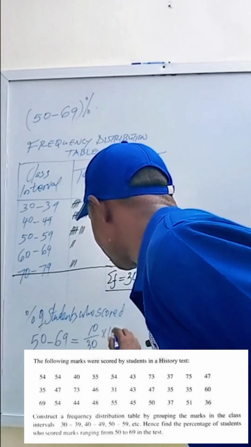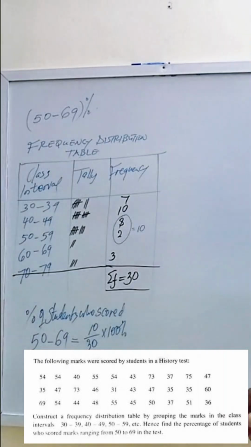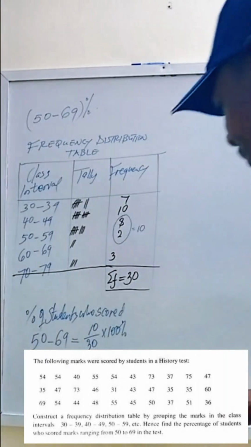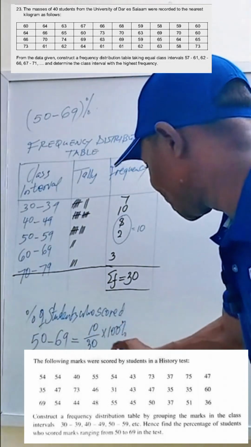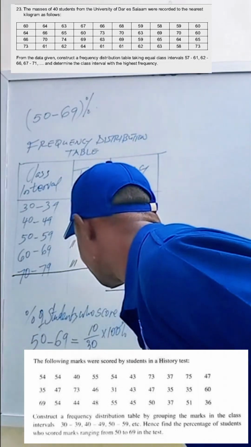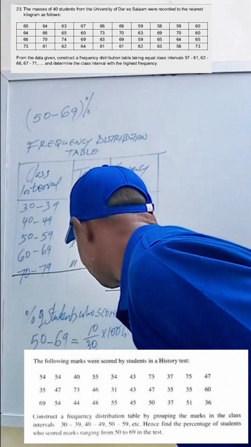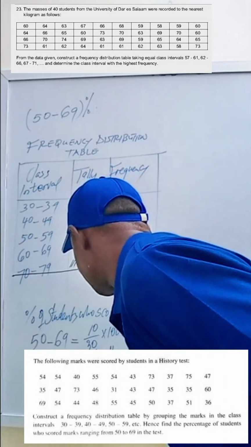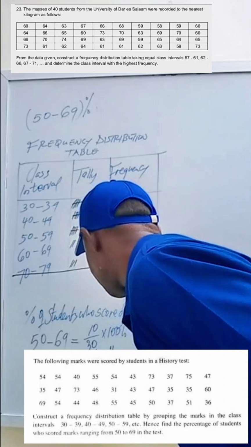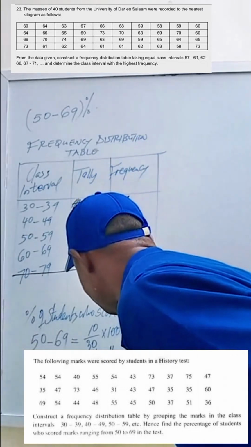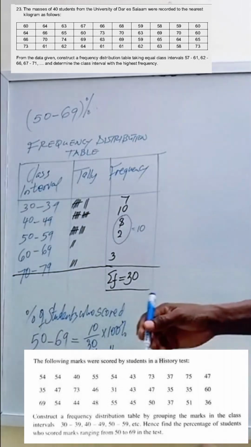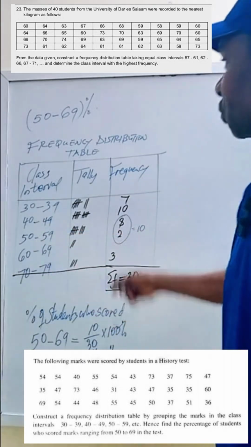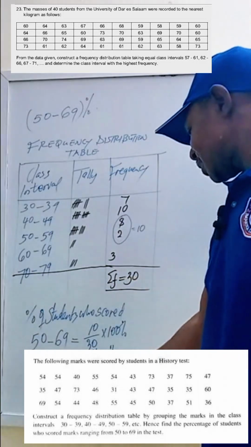Then we multiply by 100 because we are asked to find the percentage. That is the same as 1000 divided by 30, or 100 times 1 over 3. This is 1 over 3 times 100%, which gives us 33 and 1 over 3%. So the percentage of students who scored from 50 to 69 marks is 33 and 1 over 3 percent.